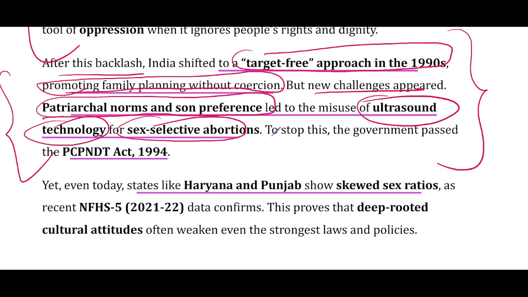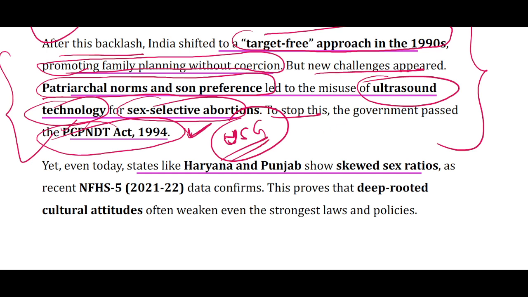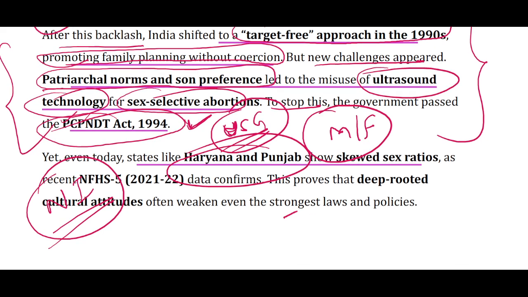And to address this problem, the government passed the PCPNDT Act, the Preconception and Prenatal Diagnostic Techniques Act. So इस एक्ट के ज़रिए जो USG अल्ट्रासाउंड टेक्नोलॉजी होती है, जिसमें पता चलता है कि फीटस जो है मेल या फीमेल है, और जनरली ये जो स्टेट्स हैं हरियाणा, पंजाब एंड मोस्ट ऑफ द स्टेट्स ऑफ हिंदी हार्टलैंड, they usually take resort to the practice of female infanticide. जब पता चल जाता है कि अल्ट्रासाउंड में गर्ल है, तो वो अबॉर्शन करवा लेते हैं.